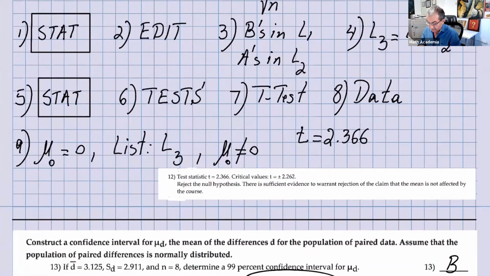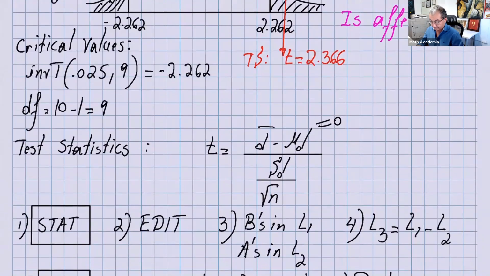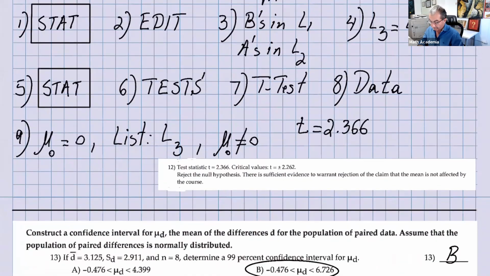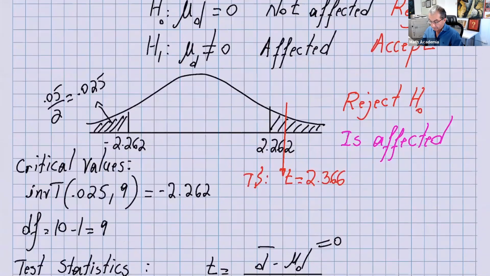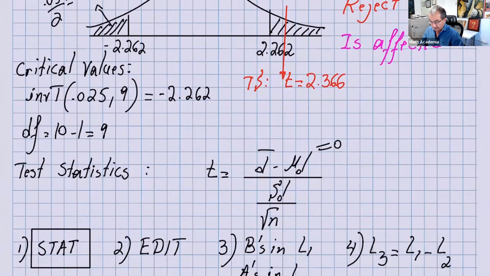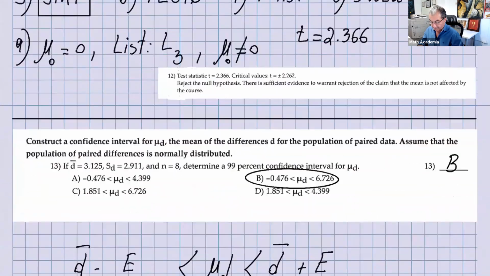There is sufficient evidence to warrant rejection of the claim that the mean is not affected by the course. So we reject that. It says not affected, but we said it's affected.